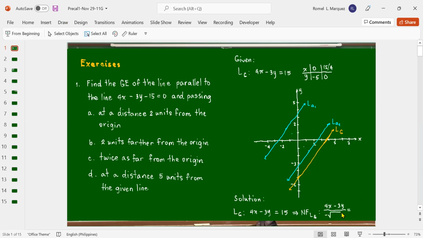Square root of a squared plus b squared. Negative because the sign of the coefficient of y, that is the sign of b, is negative. Remember, for normal form, we follow the sign of what? For the radical, we follow the sign of b. If b is 0, like the sign of a. Okay? So since b is not 0 and it is negative, so we have negative radical. So inside, we have 4 squared plus negative 3 quantity squared. Okay, guys? Get it, children?